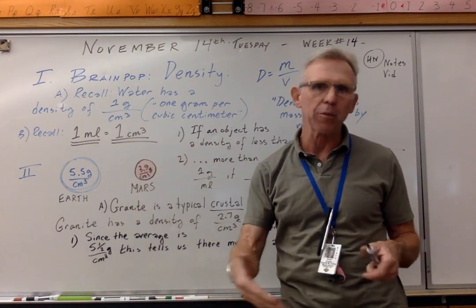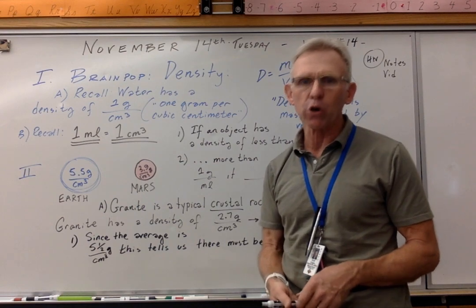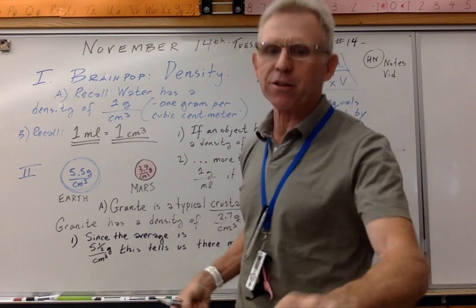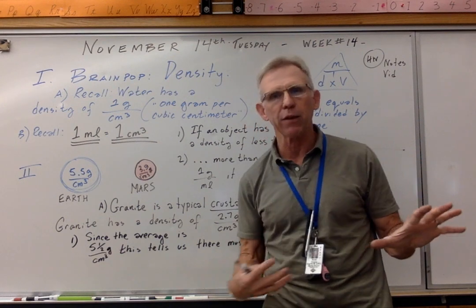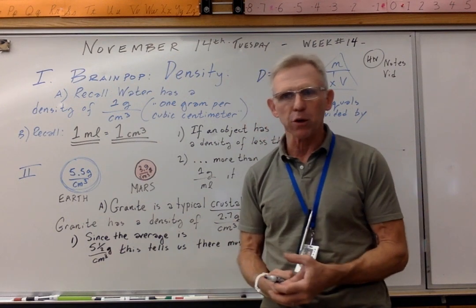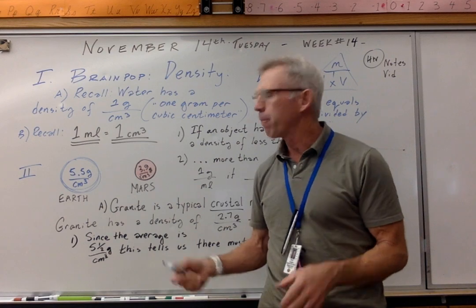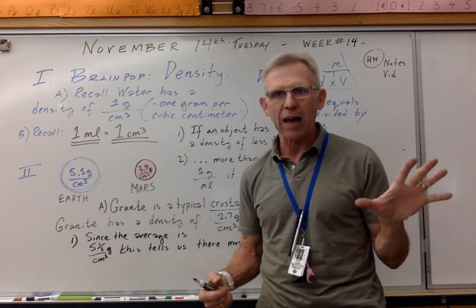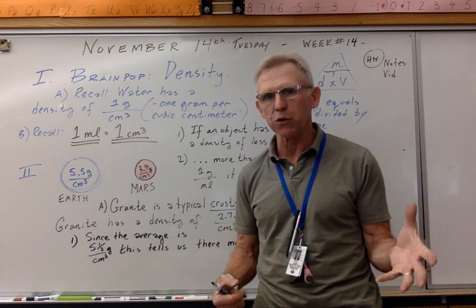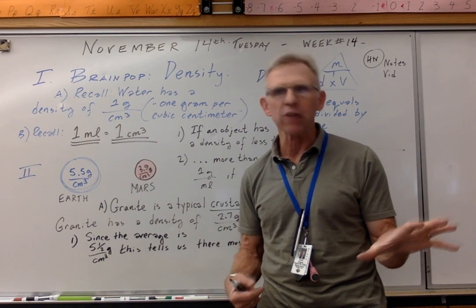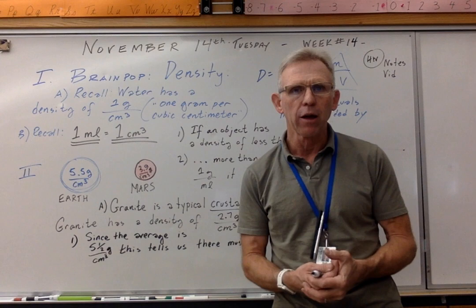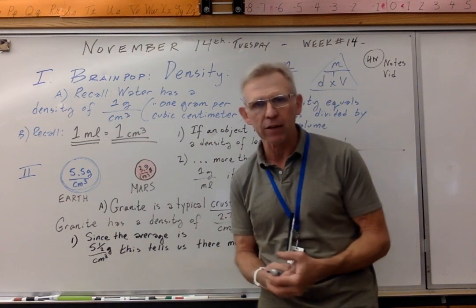Remember, going back to the beginning of the year, we are currently in the 6th mass extinction. The first 5 mass extinctions, that's when more than half of the species on the planet disappear in a relatively short period of time. 5 mass extinctions have happened over the 4.5 billion year history of our planet. Those 5 were caused by natural events, things like asteroids colliding with Earth, things like intense volcanic activity.